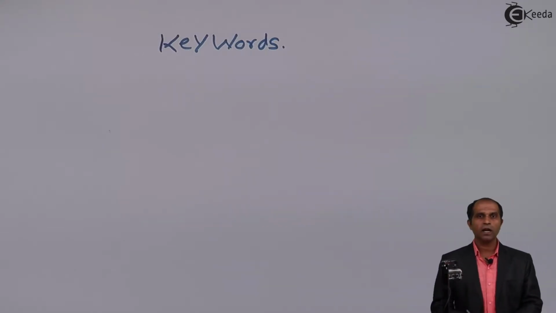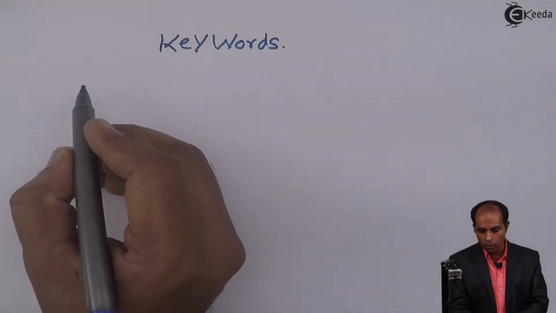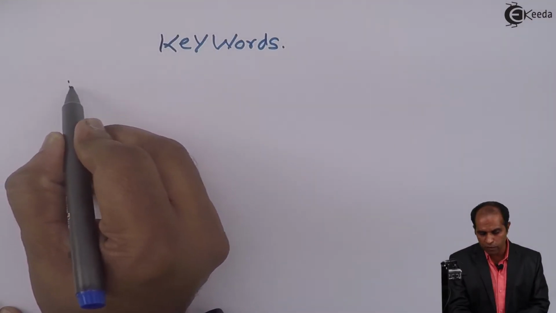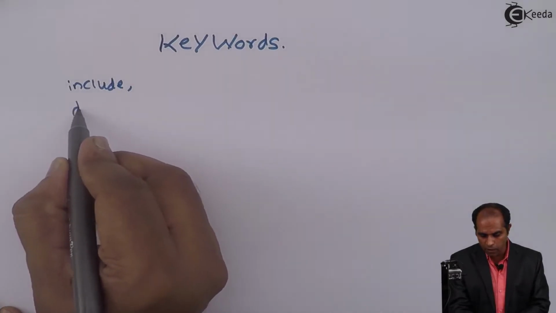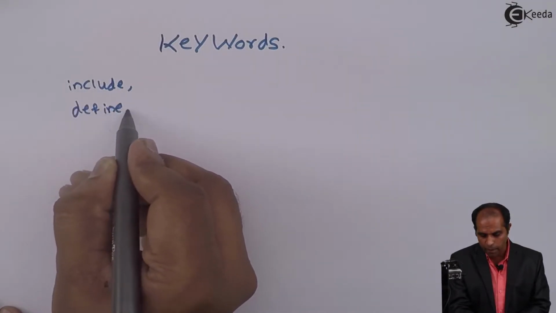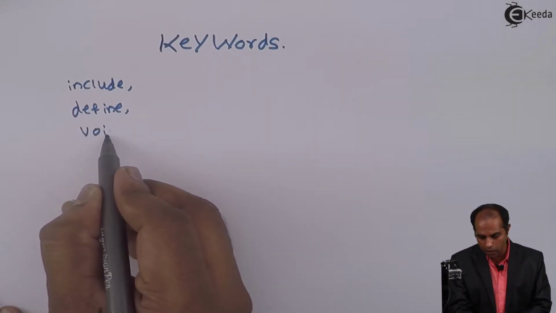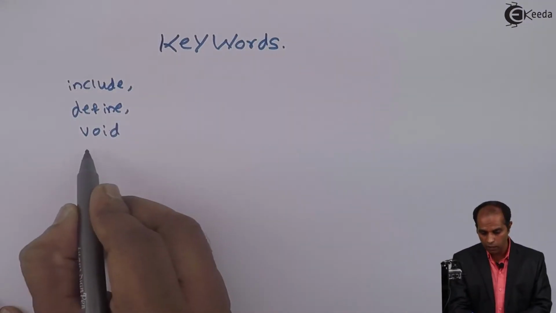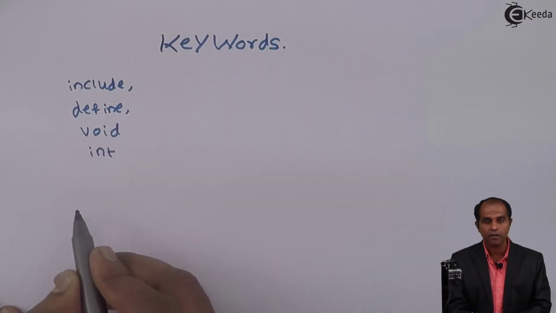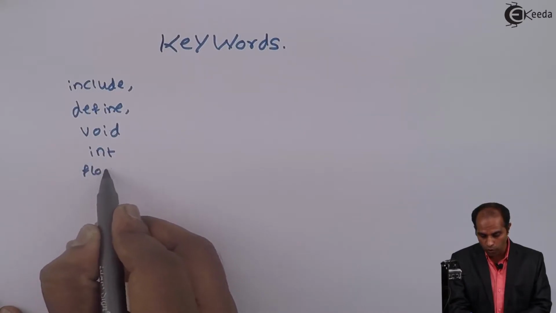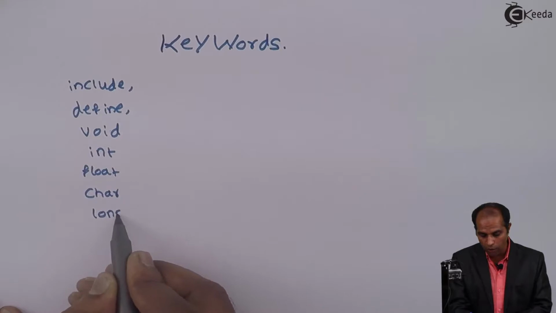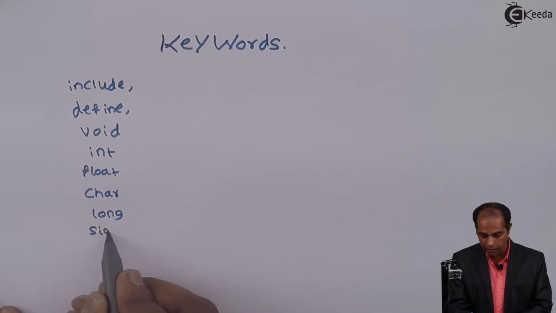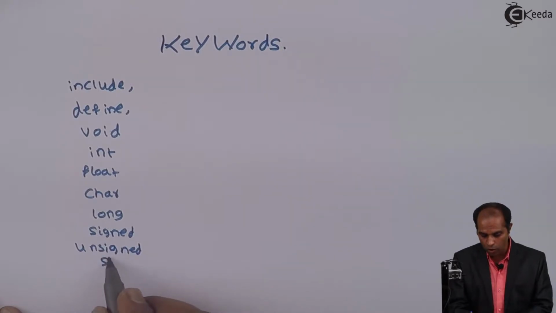In some of the basic programs, we will be using the very first keyword, include. Then we will be studying a keyword called define. We will be using a keyword regularly, void. Then keywords called int, float, char, long, signed, unsigned, short.